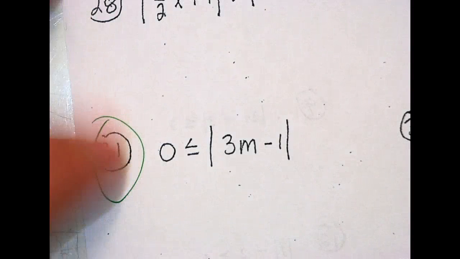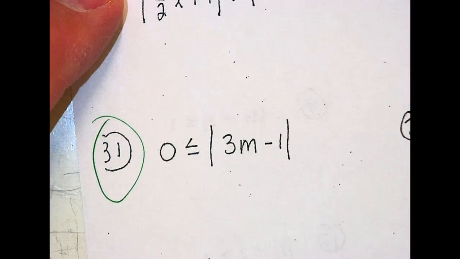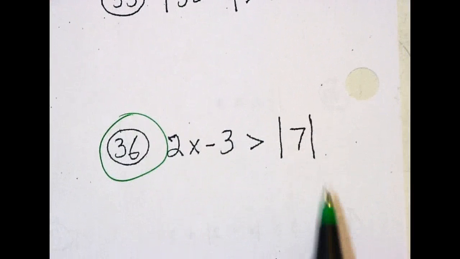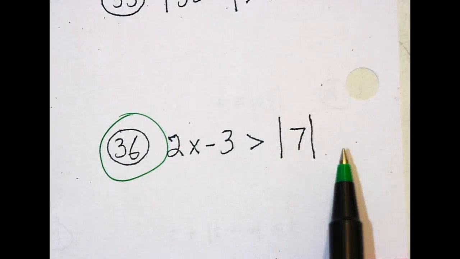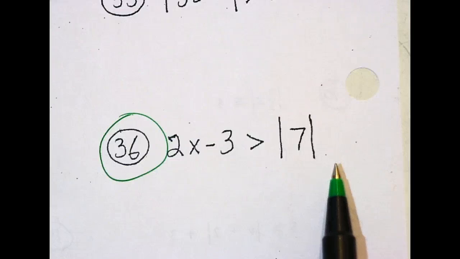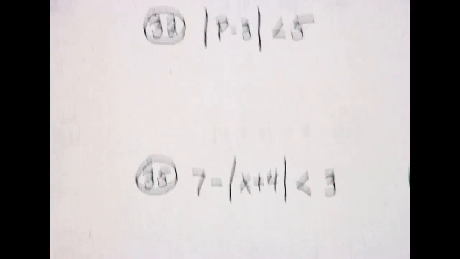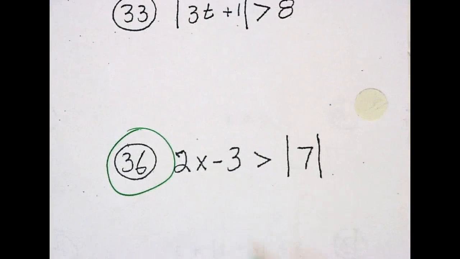This is not a no solution, by the way. And here you should be thinking, well, that looks a little different. Why does our absolute value look different here? Compare it to every other absolute value on this page. Yeah, the variable's not in that absolute value.